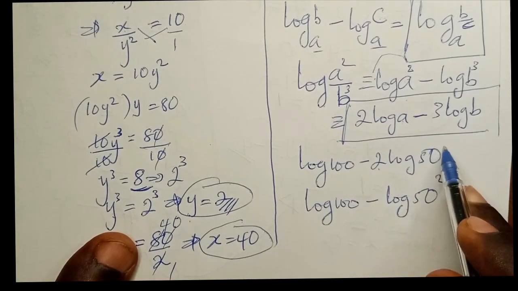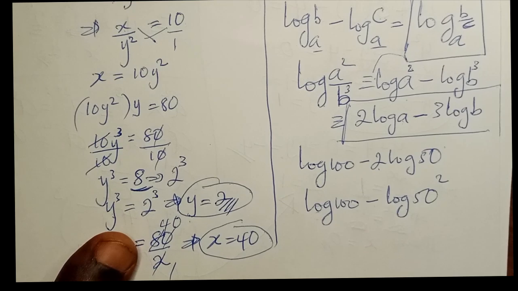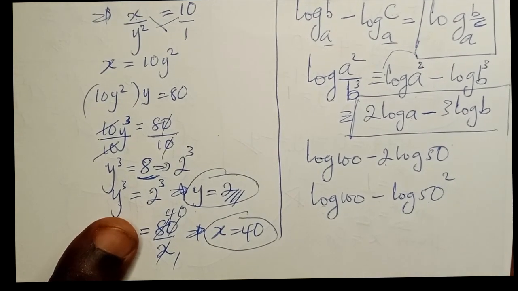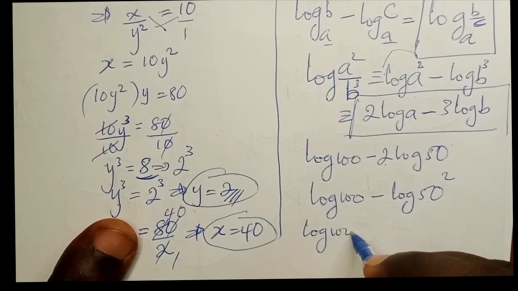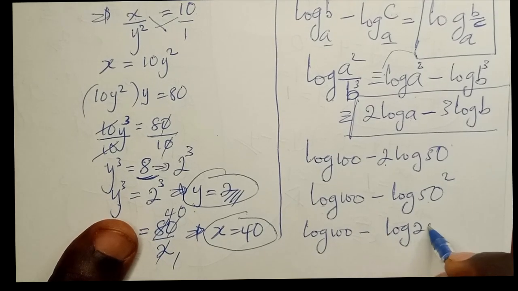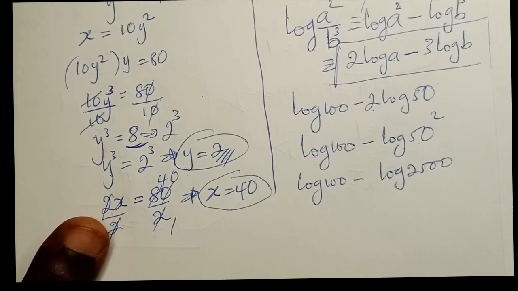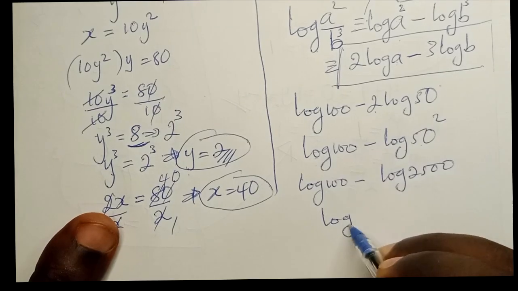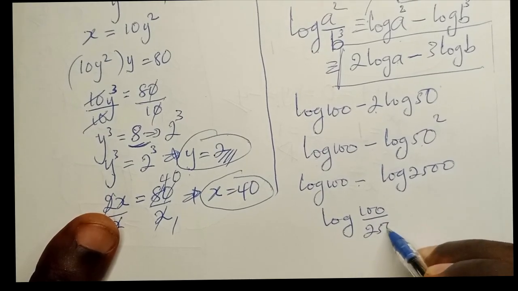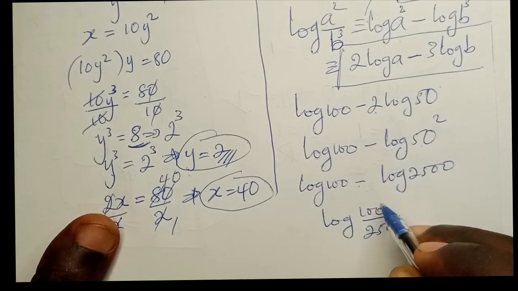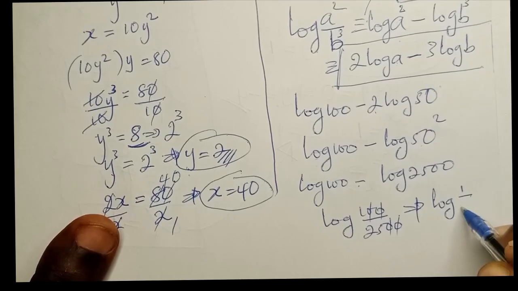We remove the 2 here and bring it up as a power so that it is log on both sides before we divide. This time 50 to the power 2 is 2500. So we have log 100 minus log of 2500. Now, since they are in the simplest expression, and it is minus, we can divide: log of 100 divided by 2500, and this 100 will cancel out, and it implies that it is log of 1/25.